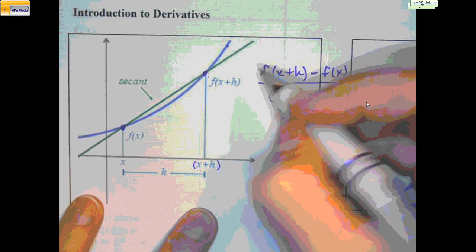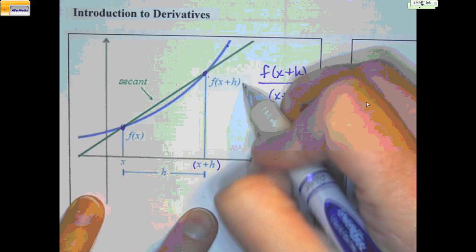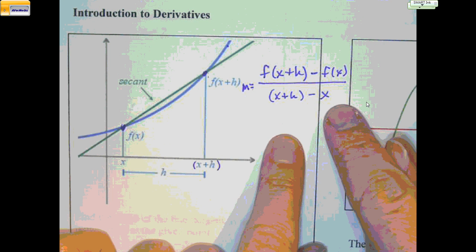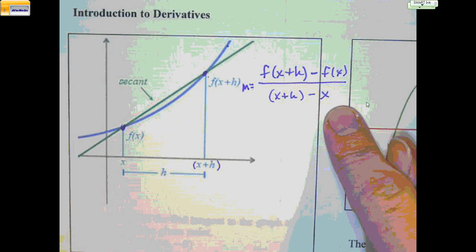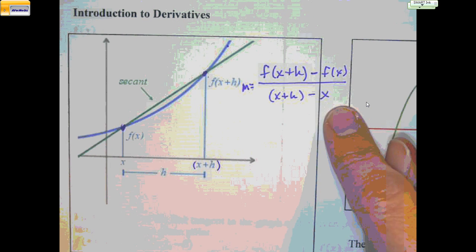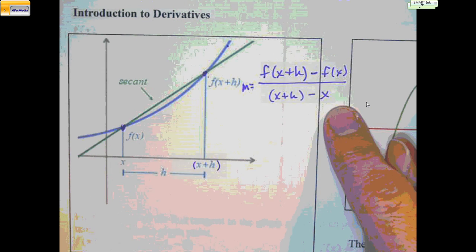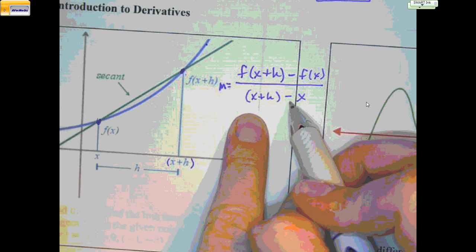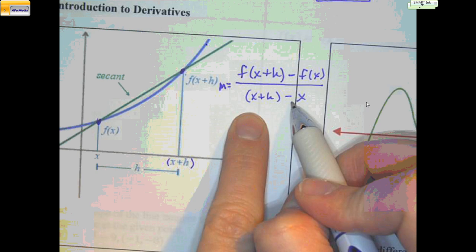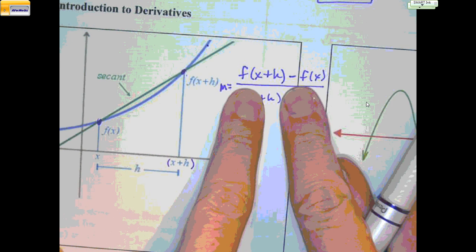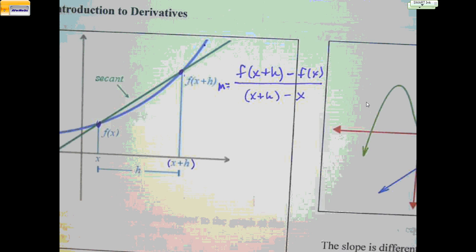And that's how you find slope. And this looks super duper similar to something we've been doing. So when you've been finding the limit as h approaches 0, you've been finding that tangent, that slope. The formula for slope is what you've been doing. And you didn't know it. What's x minus x? 0. They cancel out, so you're left with an h on the bottom. And that's that exact same formula we've been messing with.